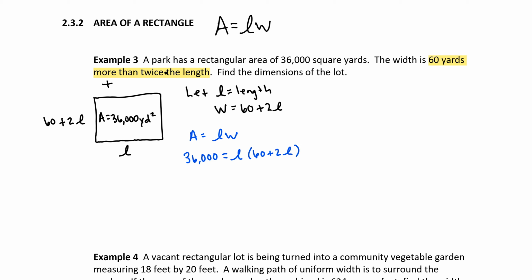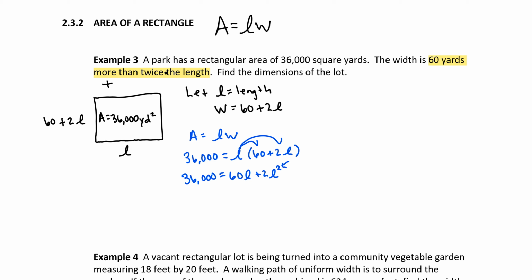That means I've got a one variable equation. At this point, it doesn't look like a quadratic equation at first. It is a quadratic equation in disguise, and we'll discover that when we distribute L. So if I multiply both of those terms by L, I end up with 60L plus 2L squared. So clearly it is a quadratic equation.